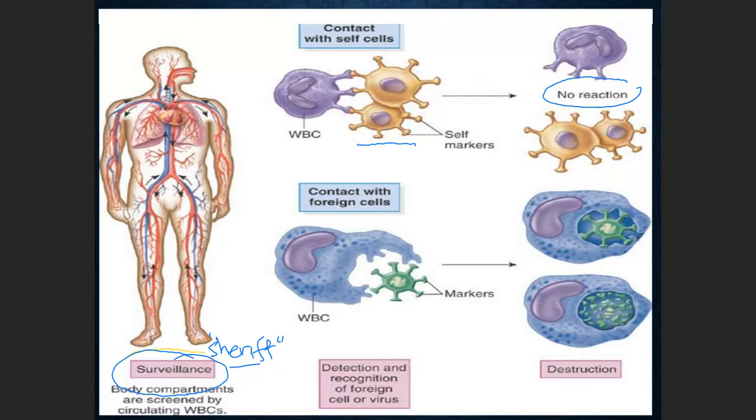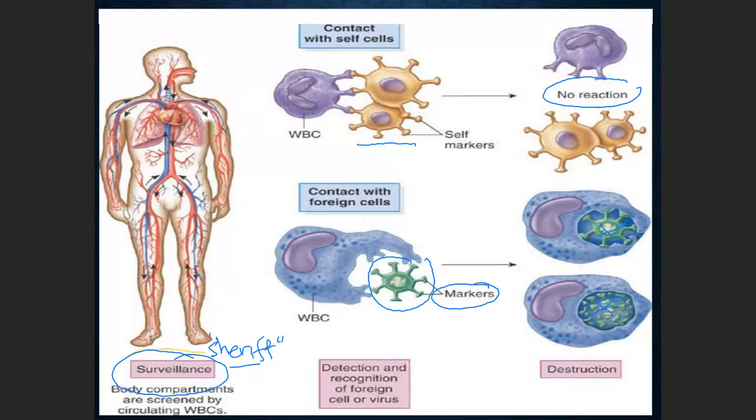If, for example, this white blood cell sees that this one is not our own cell, this not our own cell will give special markers over here. And then this white blood cell, for example the T cell, will recognize this foreigner. Oh, this is a foreigner. And if it is a foreigner, then this white blood cell will destroy it.